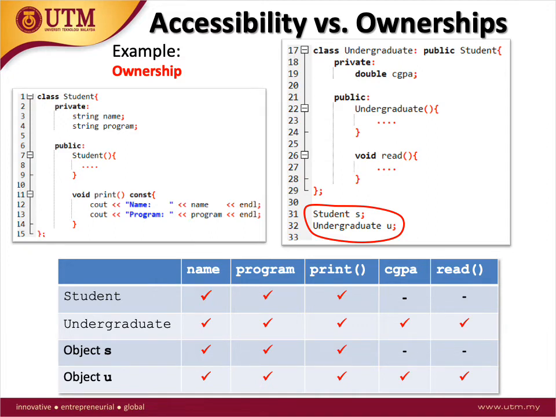So this is for the class. For the objects, it is the same: the object S for the Student class has the same ownership as the class, and the object U for the Undergraduate class has the same ownership as the Undergraduate class. So the ownership of the object and the class look the same.